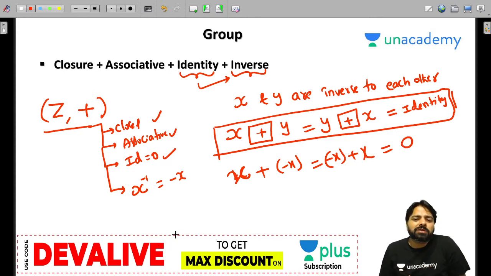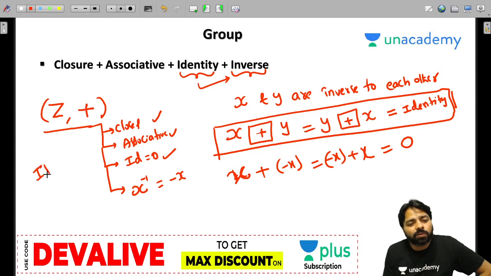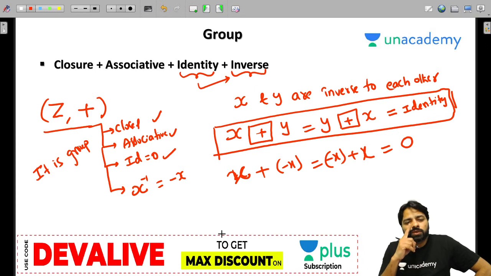So any element you take, 200, minus 100, minus 1000, for every element you just apply minus of the given element, and you will get the inverse of the given element. Everybody? So it is a group. Now I can say it is a group.